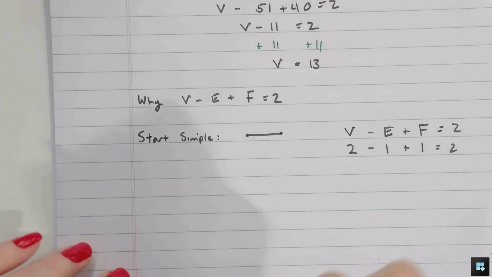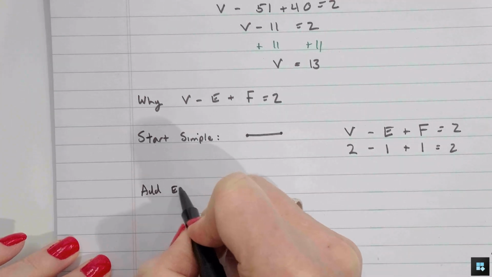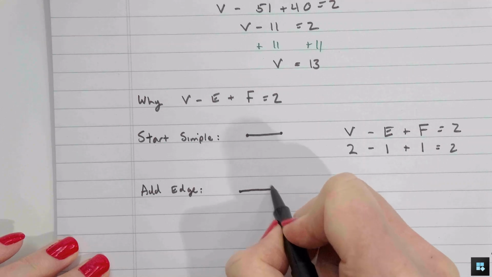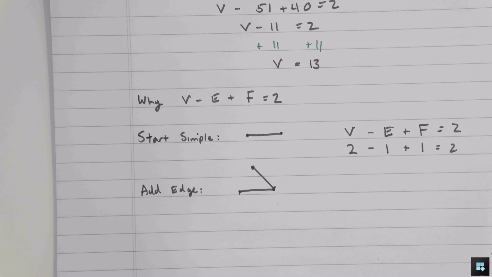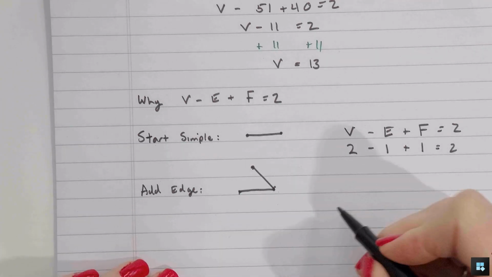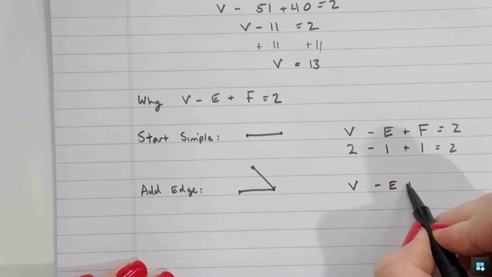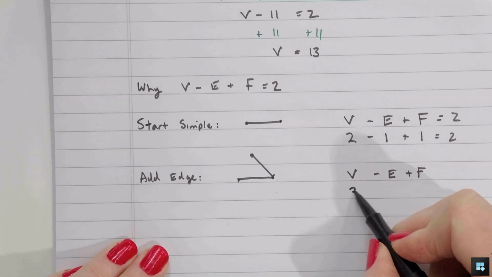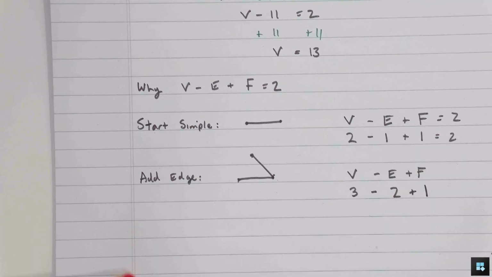Now we'll add an edge. So I'll take my simple drawing and add an edge to it. That added a vertex also. So now my vertices are 3, my edges are 2, and I still just have the outside face.